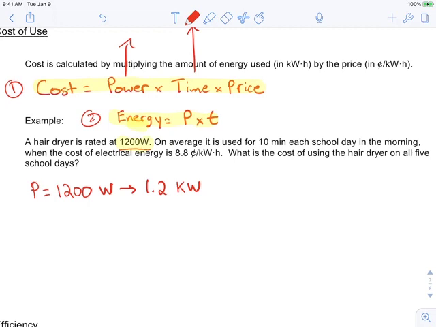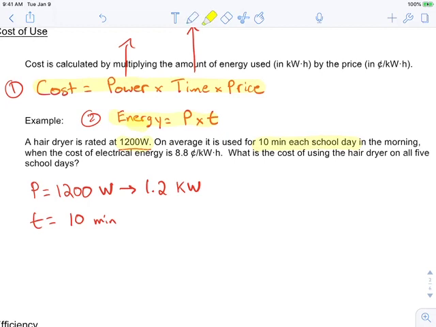Okay. Next thing, it says it's used for 10 minutes each school day. So now it looks like we're talking about time, in minutes. So our time is 10 minutes. But it's more than that, right? It says each school day. So how many days do you go to school?